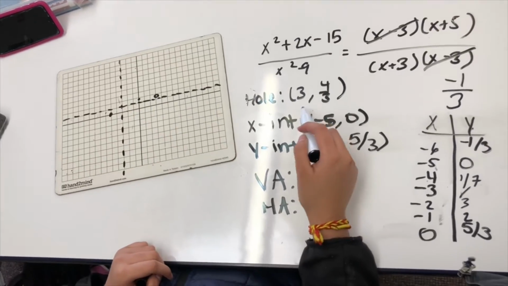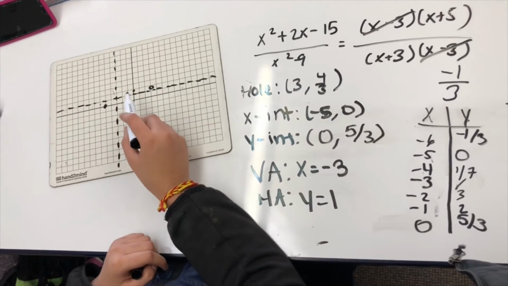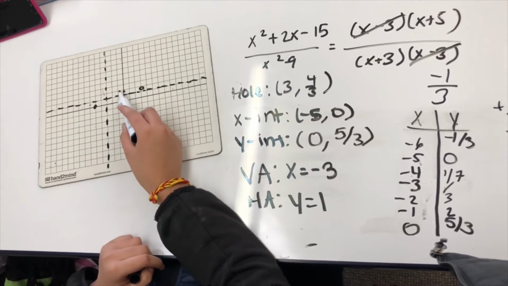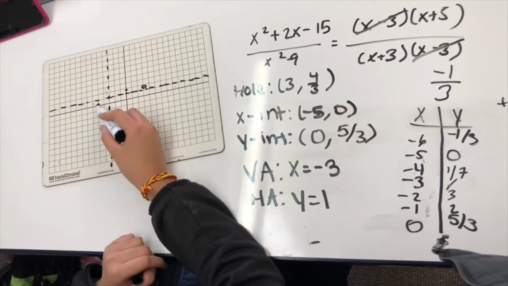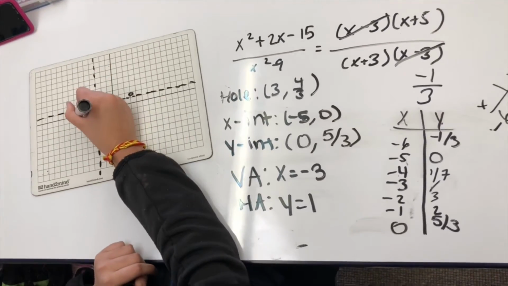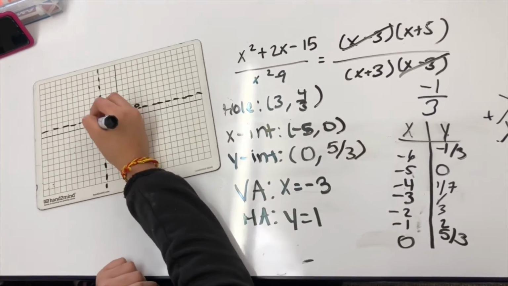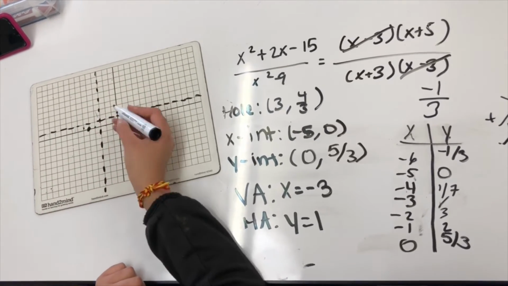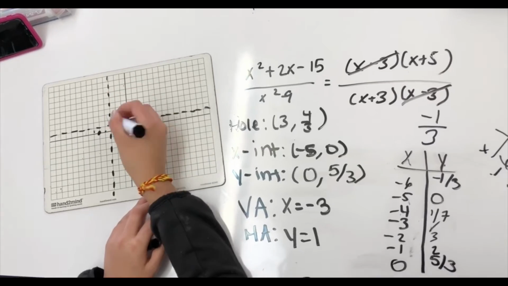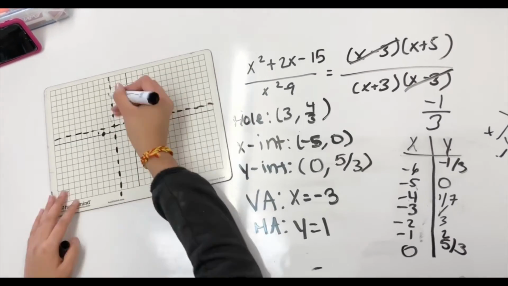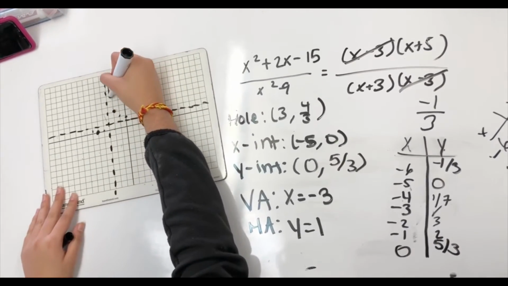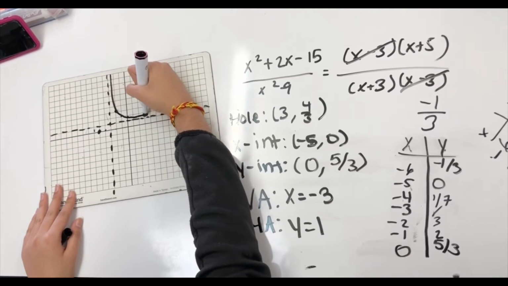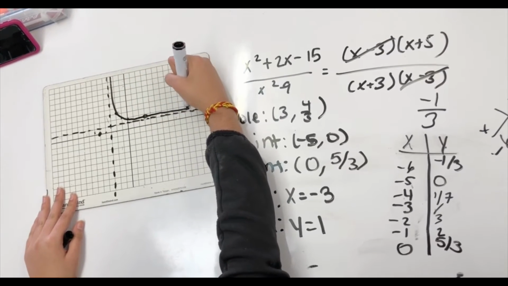Plug in your hole and your x and y intercepts and start plotting the points from your table. After you've plotted your points, draw the lines that go through the points. Don't forget to put the arrows at the end of your lines.